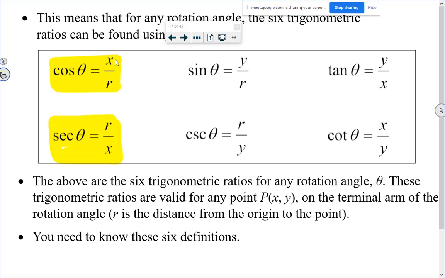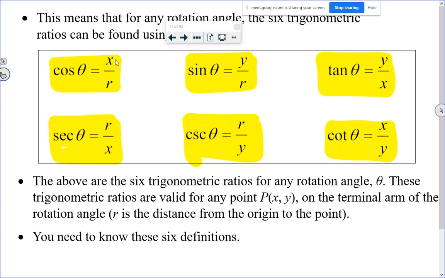If sine is y over r, but cosecant is the reciprocal of sine, then the reciprocal of y over r is r over y. Tangent and cotangent are reciprocals. So if tangent is y over x, then cotangent is x over y.